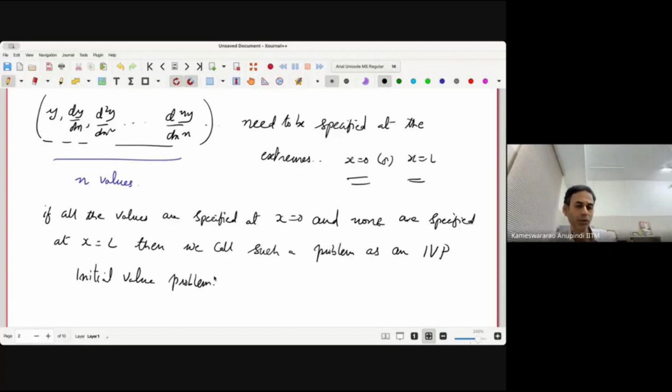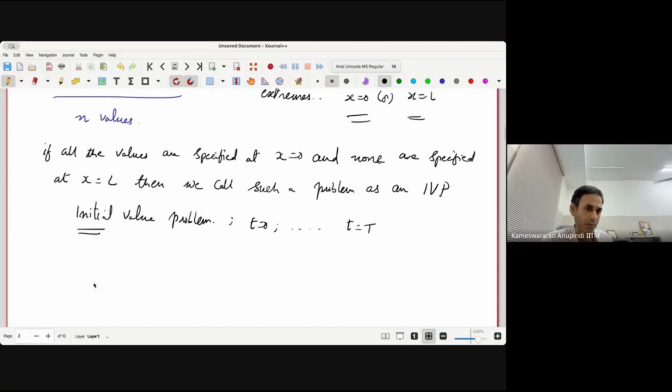That means at x equal to 0 or at t equal to 0, we are specifying all the values required, but we are not specifying anything at the other extreme, t equals capital T or x equals L. That's the reason it is called an initial value problem.